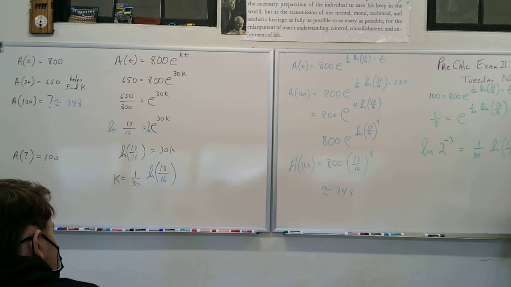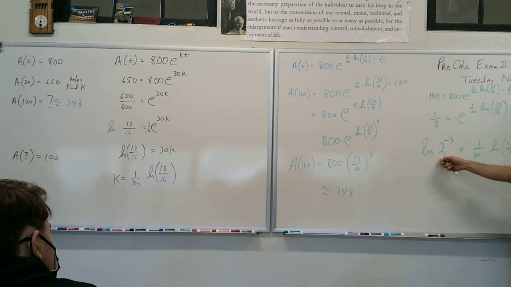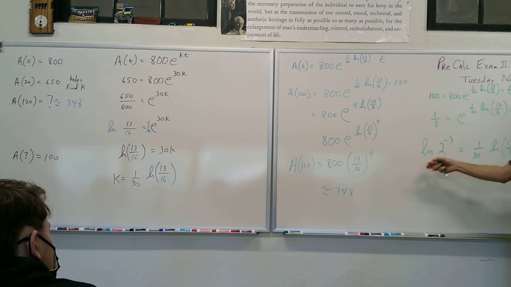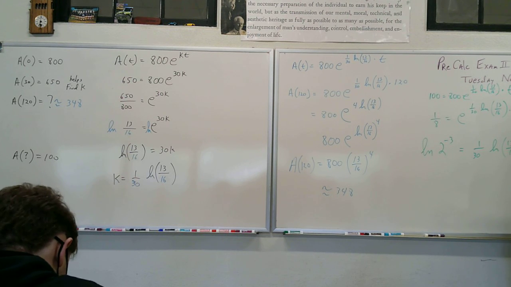These little tricks I'm showing you here about rewriting it are for those people that know the natural logs of the prime numbers. If they know what the natural log of 2 is, you bring the -3 to the front, you take -3 and multiply it by the natural log of 2. And they just memorize all their natural logs of prime numbers out to 4 decimal places.